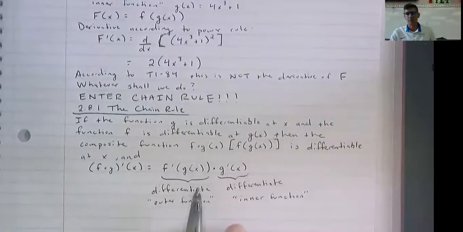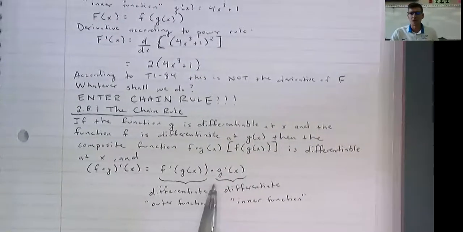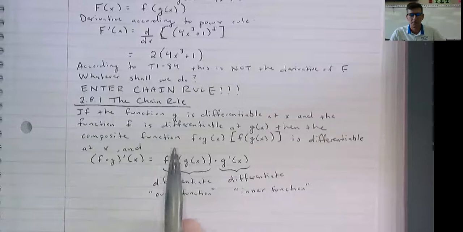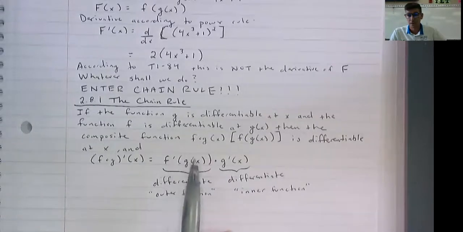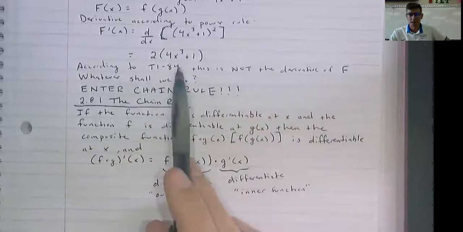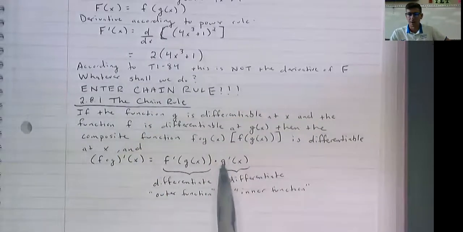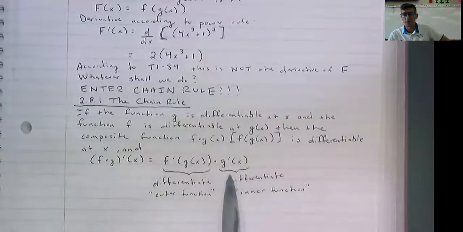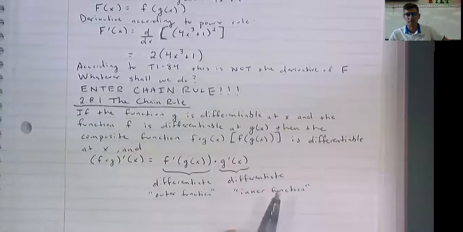It's beautiful. It's wonderful. It's life-changing. It's the chain rule. Okay. So we're going to differentiate just like the outer thing, like we would up here, but then we're going to actually do some trickeration, bust out that inner function, and multiply by that derivative.